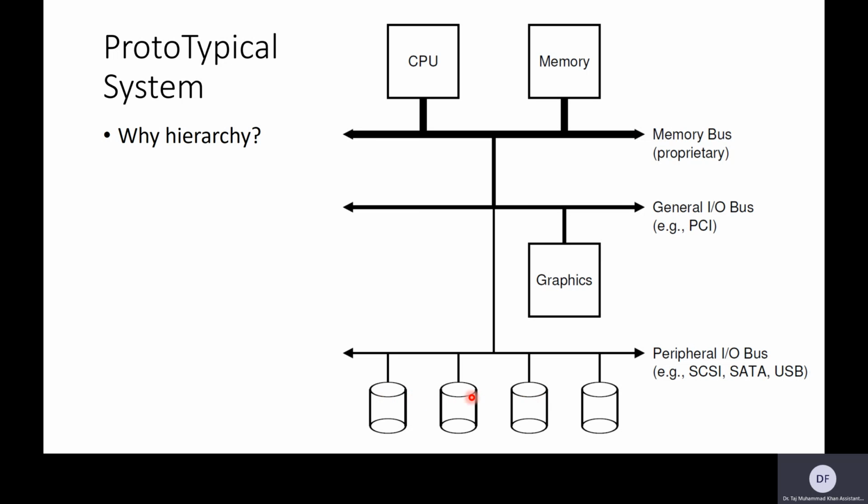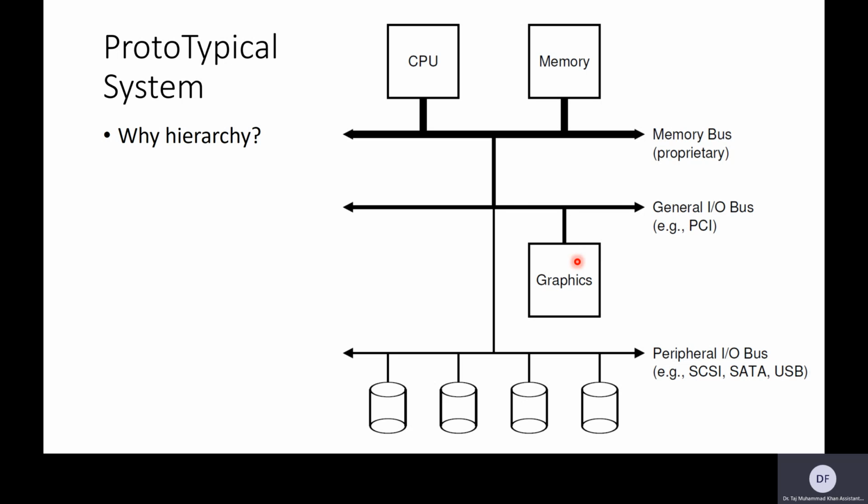So here, let's say they are connecting different hard disks or different USB devices to the computer. Examples of this peripheral IO bus are SCSI and SATA. You must have heard these names in relation to hard disks. These are the connectors that connect hard disks to the computer or motherboard. And similarly, a USB connector helps connect USB flash drives to your motherboard.